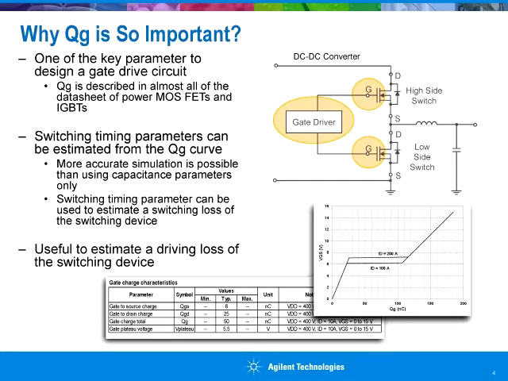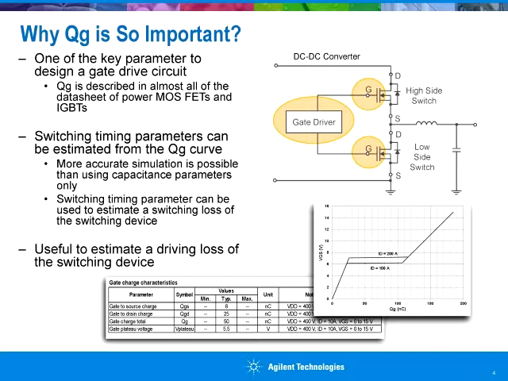And basically, QG is a very important parameter because it is very common in device datasheets. You can find QG characteristics in almost all datasheets of power MOSFETs and IGBTs.